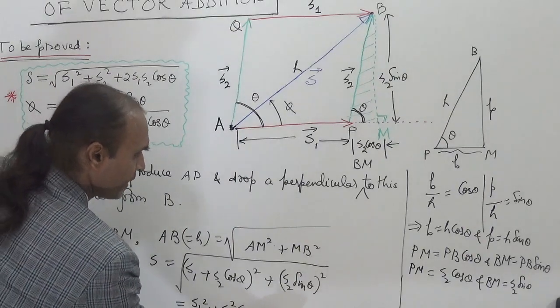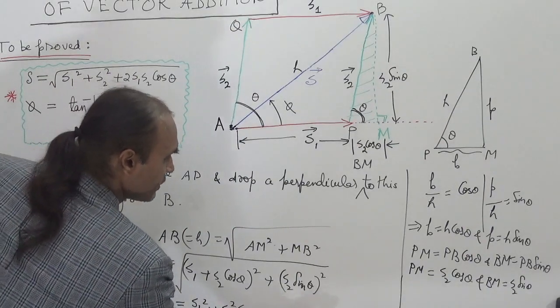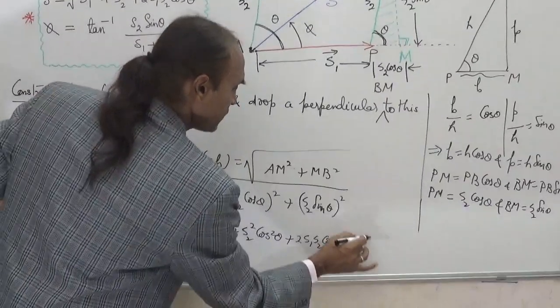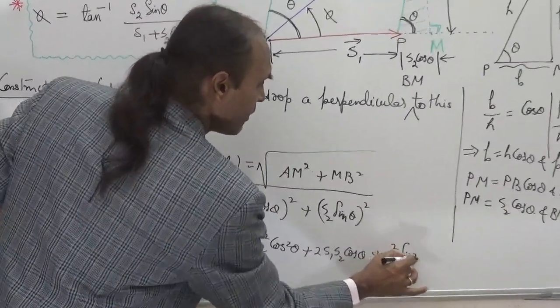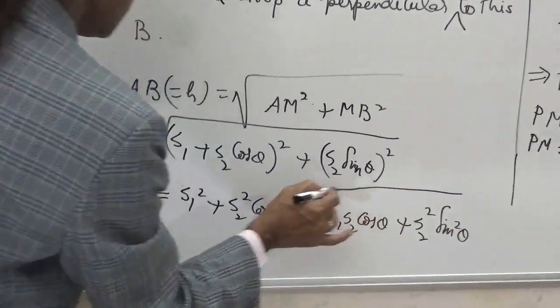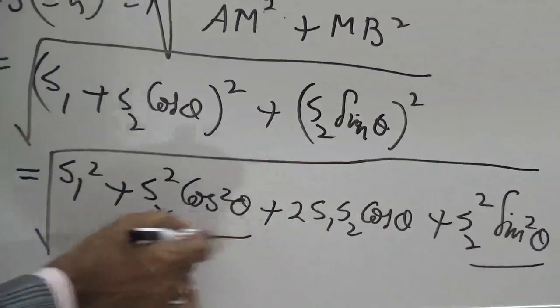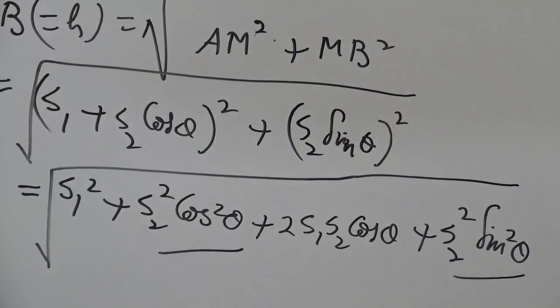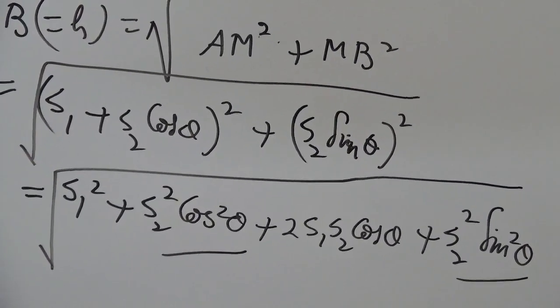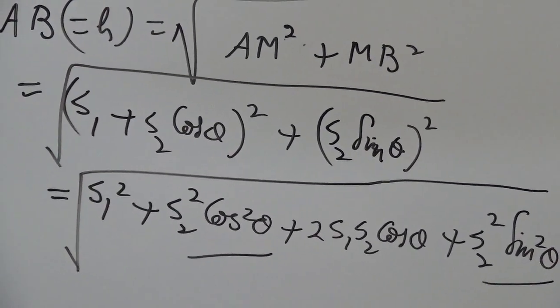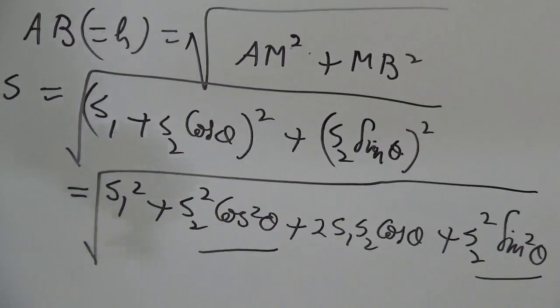2AB, S1 S2 cos theta, and this is S2 square sin square theta. And you know S2 square sin square theta plus S2 square cos square theta is equal to S2 square, because sin square theta plus cos square theta is equal to 1. So in the next step you will get the answer.